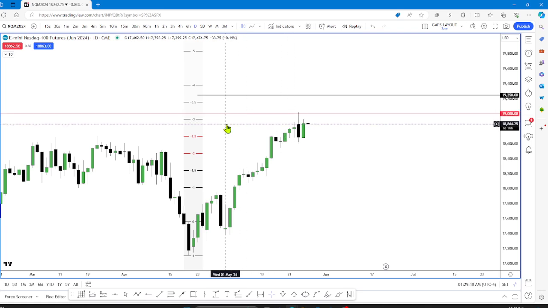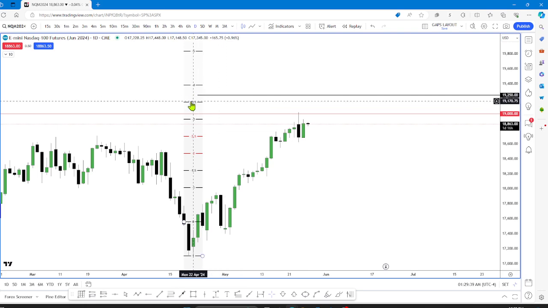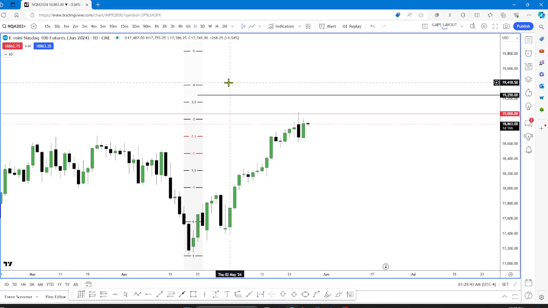Nice round number, and it lined up with -3. So -3 to 4, definitely an overextended area. Turtle soup area on the higher time frame. If we continue higher, we're looking at Thursday's high above 19,000, and then potentially maybe up to 19,250, which puts us right closer to that 4.